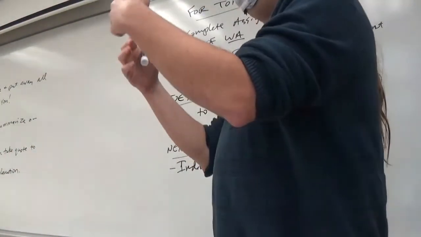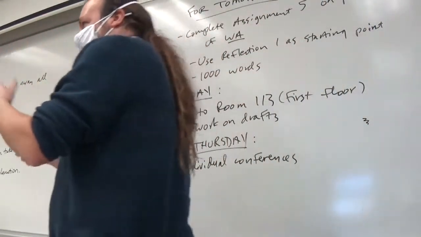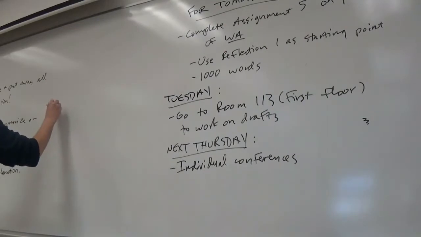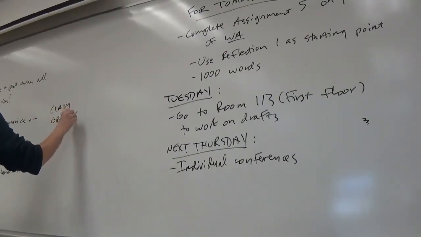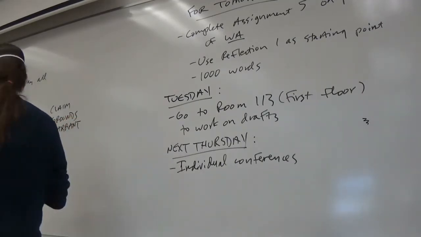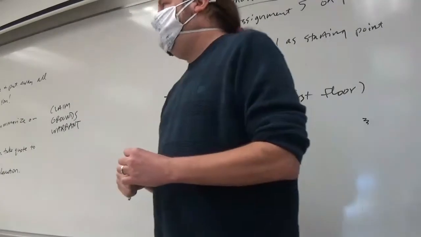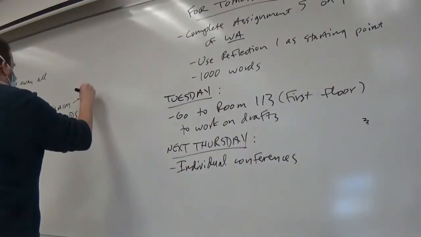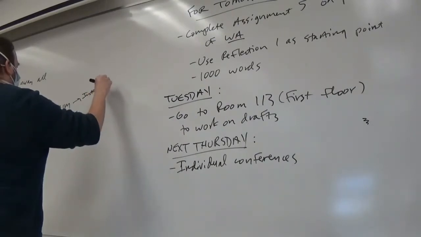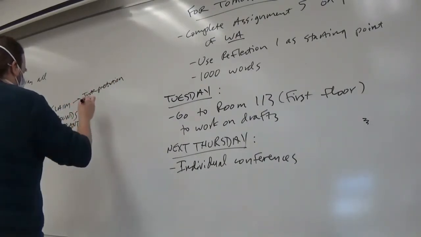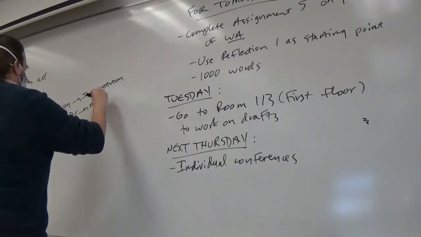So it might help if we think about this pattern we talked about last time. Claim, grounds, and warrant, right? Where the claim is your interpretation. The grounds is the material you're interpreting.